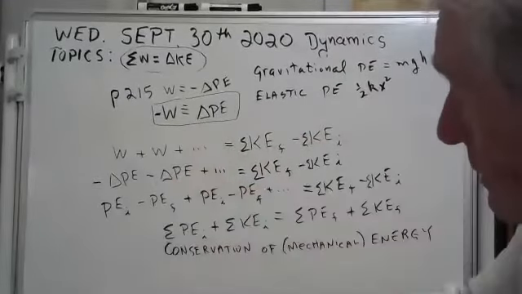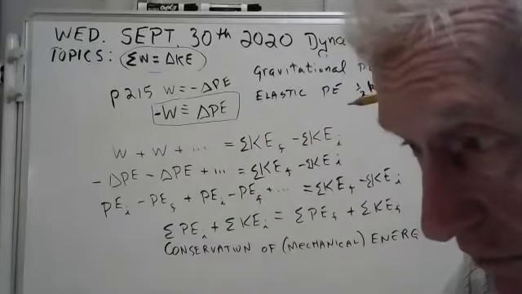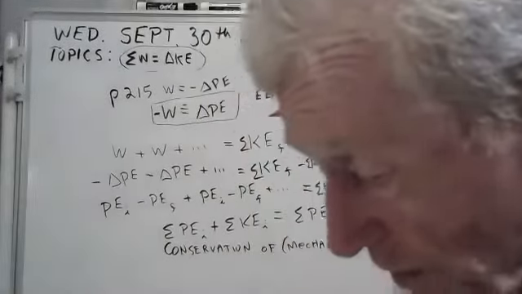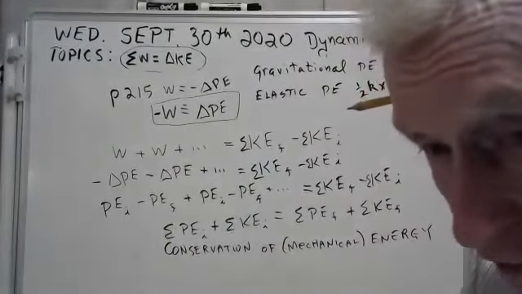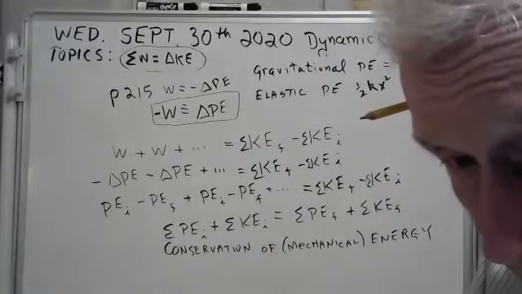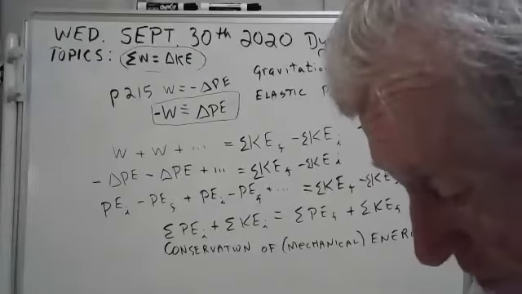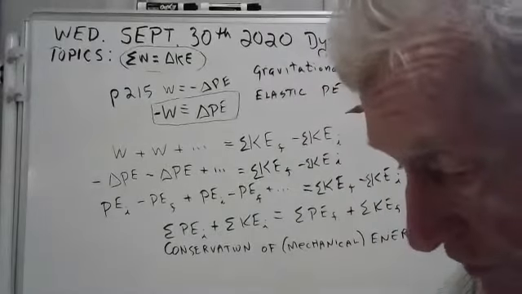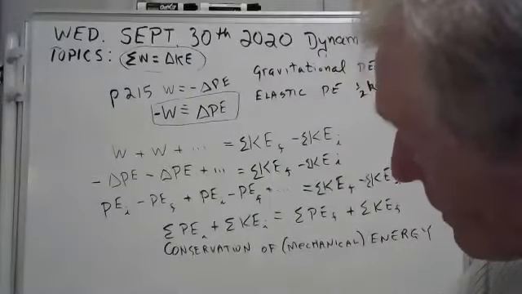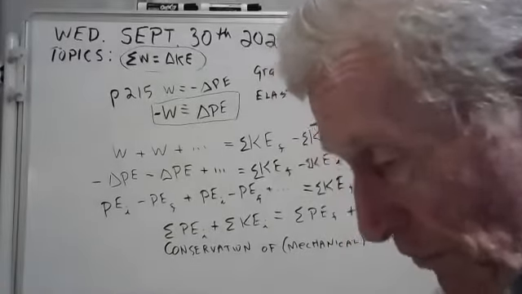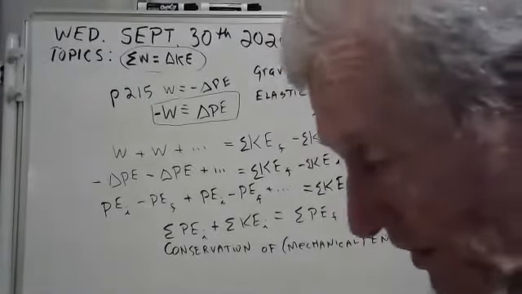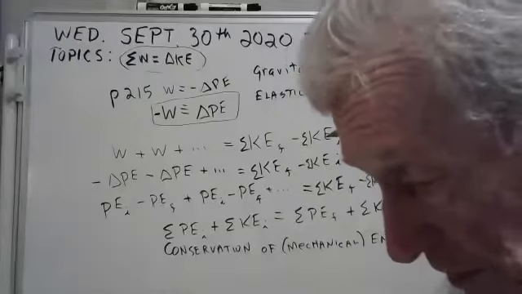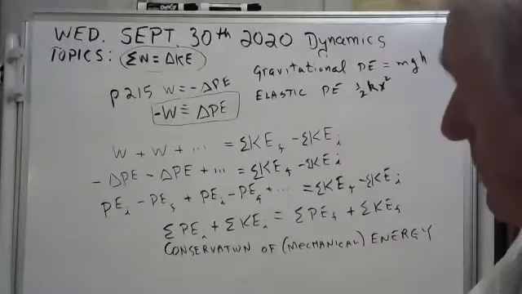There's nothing in here about the energy of how hot something is. There is an equation where that is included. It's called the first law of thermodynamics. Those of you that take thermodynamics will learn that, and that's a more complete energy conservation law. But here we're not talking about any kind of temperature effects. We're just talking about things like springs, masses that are going up and down and have gravitational potential energy.